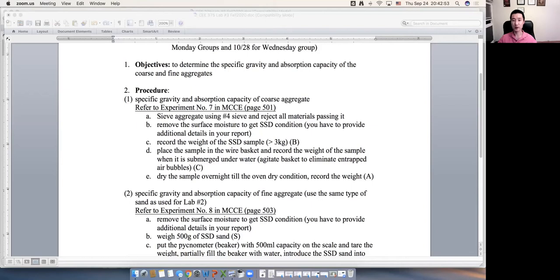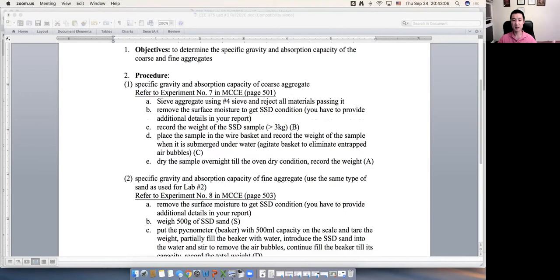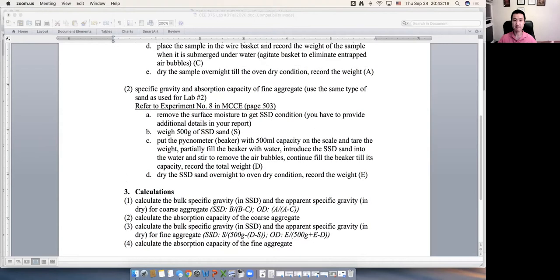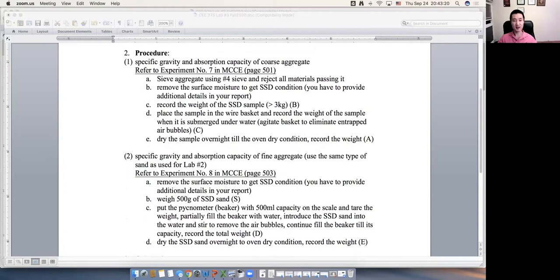So we get 3 weights: the SSD weight, which is B, the weight underneath the water, C, and the weight in oven dry condition. Based on these 3 numbers, we can calculate the specific gravity and the apparent absorption capacity for the coarse aggregate.